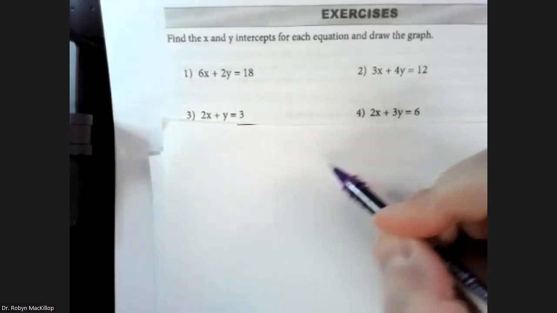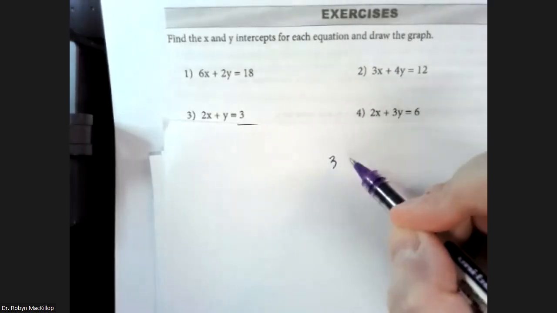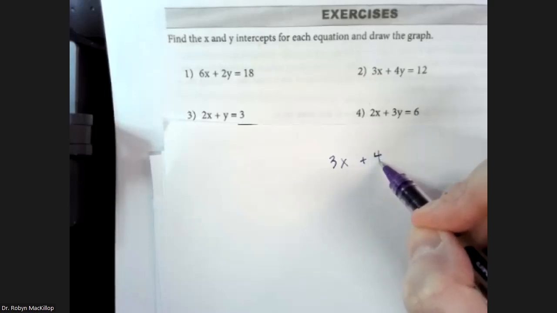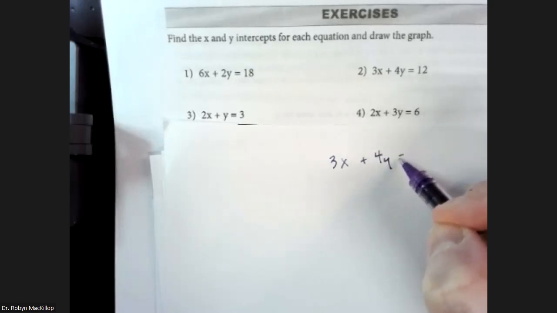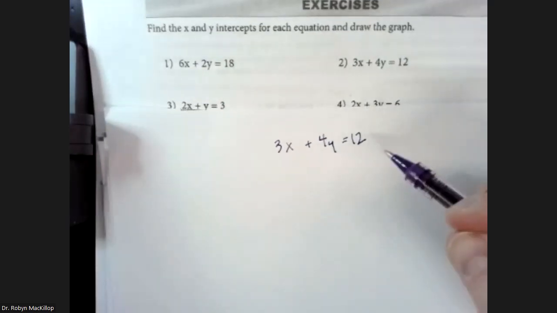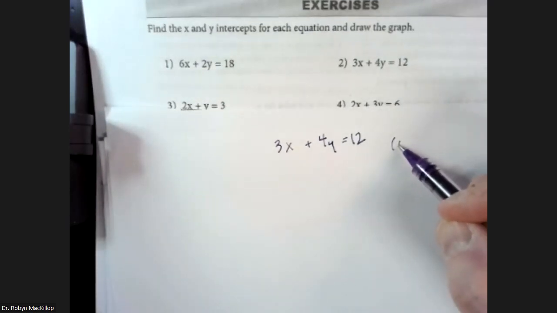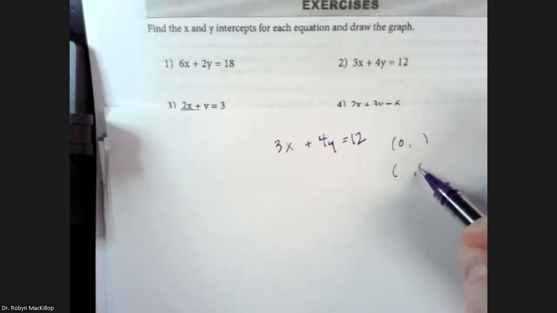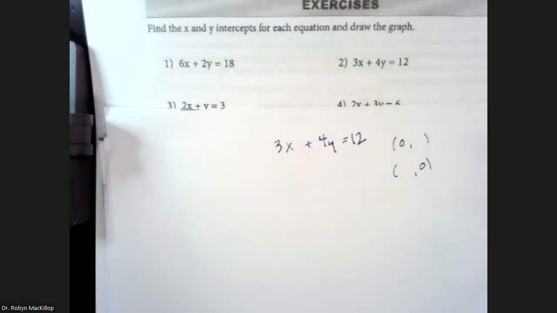So that is 3x plus 4y equals 12. And again, we're going to end up with 2 sets of ordered pairs. Perfect.